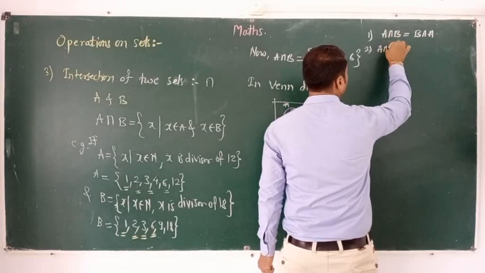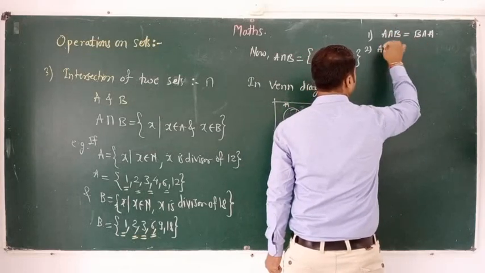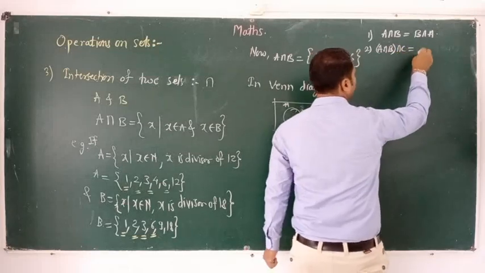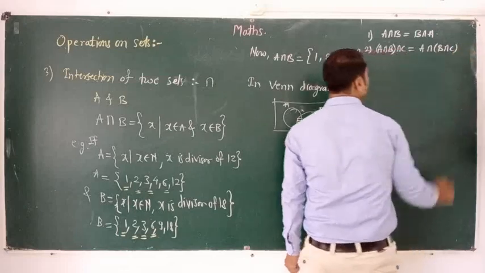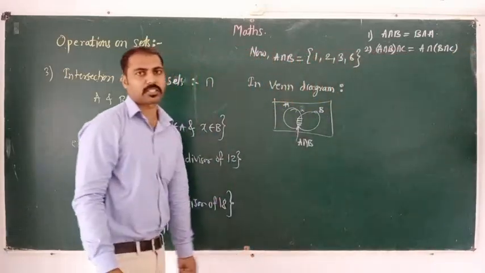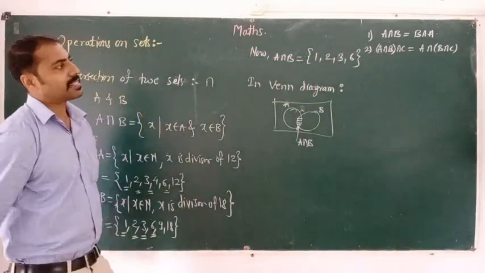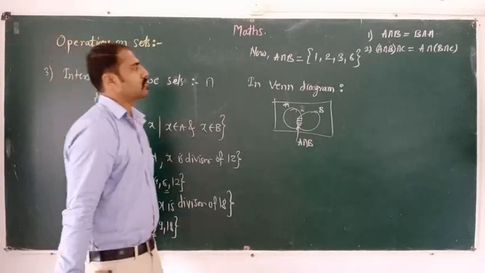A intersection B, intersection taken with C, we write as A intersection B intersection C, which means intersection is also associative.